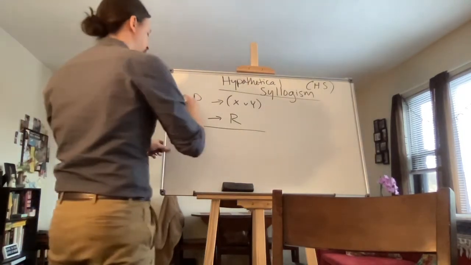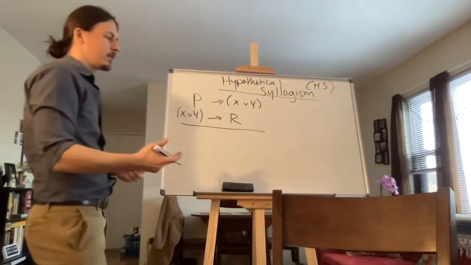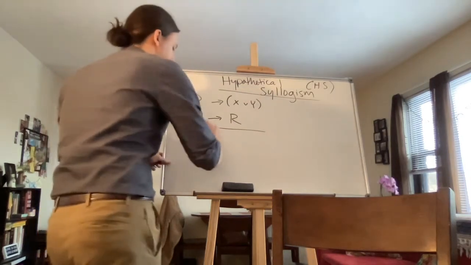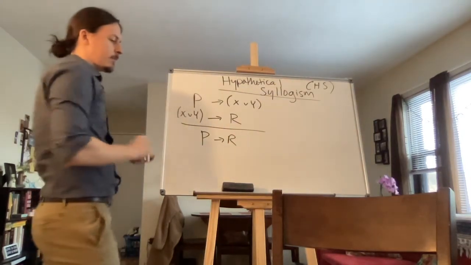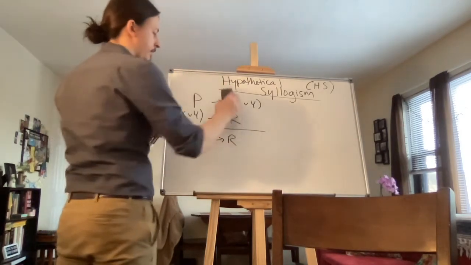Then we say, okay, if X or Y, then R. Right? And so the conclusion would be the same. You're saying, if P, then R. Right? Because you're still connecting the first term to the third.